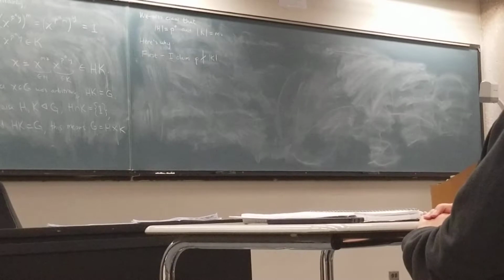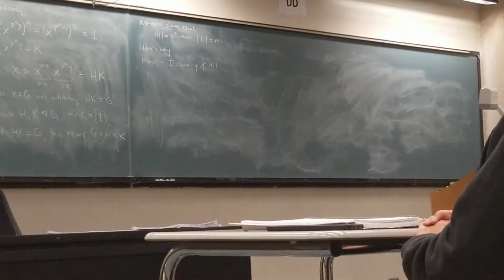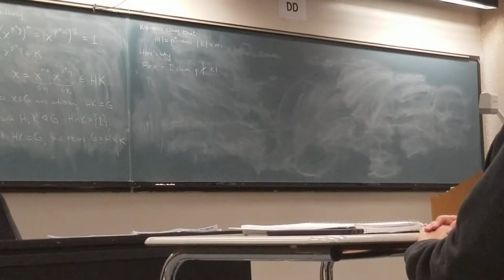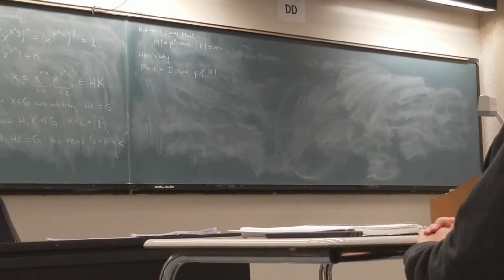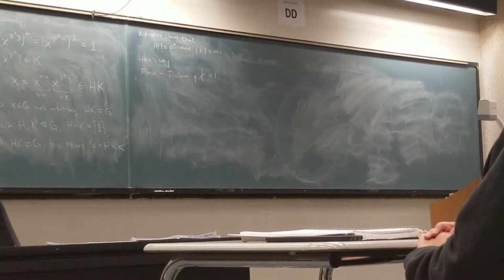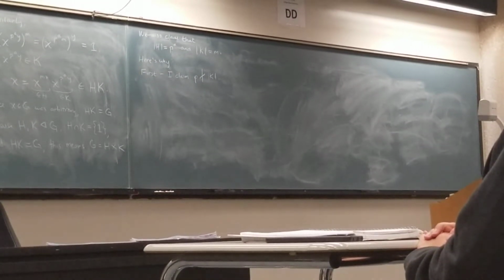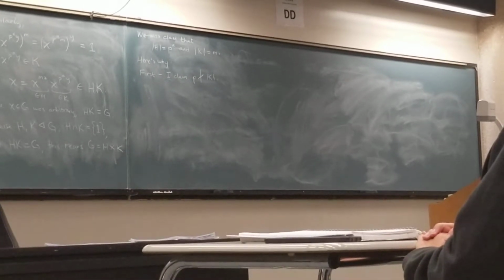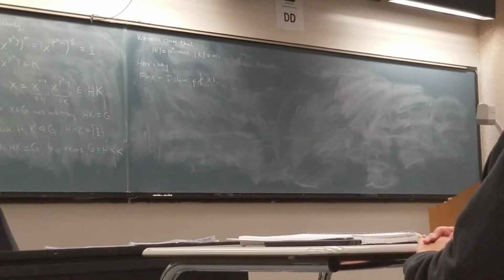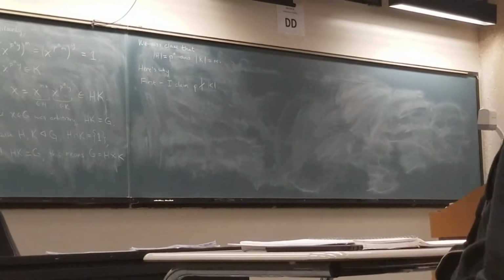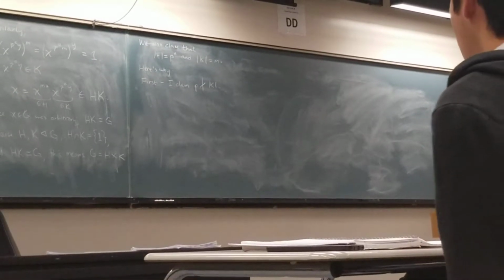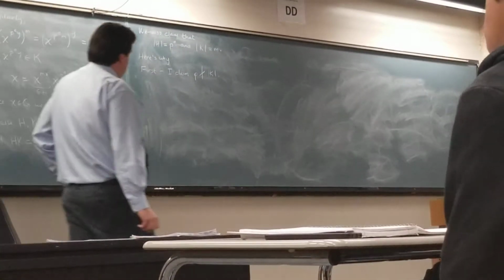Okay, why doesn't P divide the order of K? Because P doesn't divide M? Wait, what? Because it doesn't divide M? Oh, but we don't know yet that the order of K is, that's the only thing. Oh, okay. We will soon know, but we don't know quite yet.